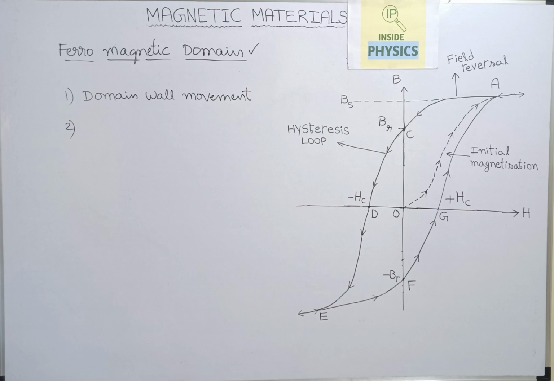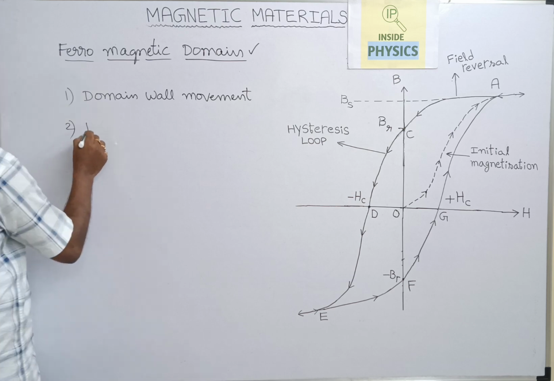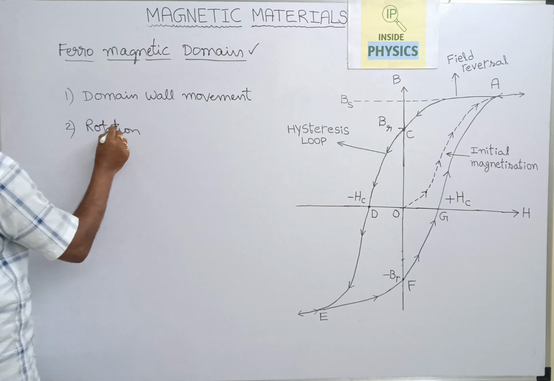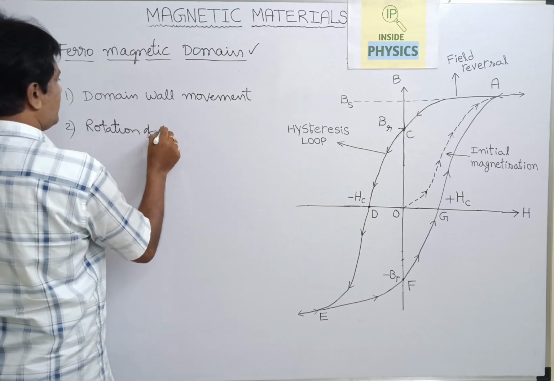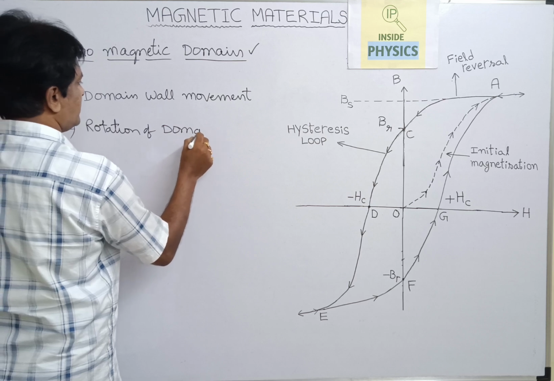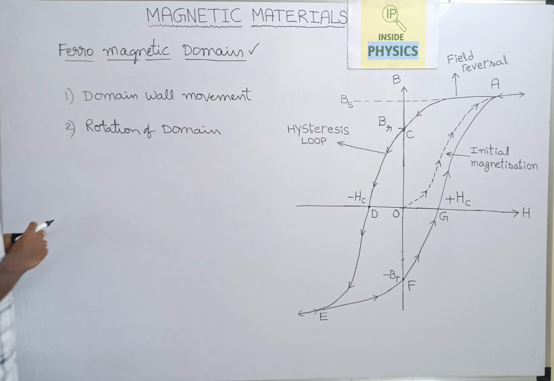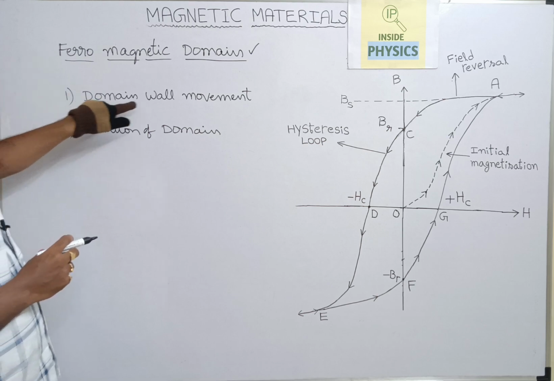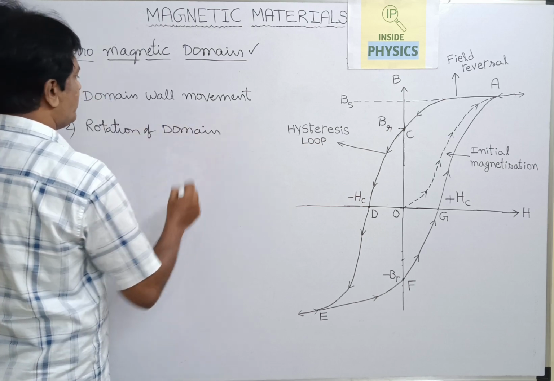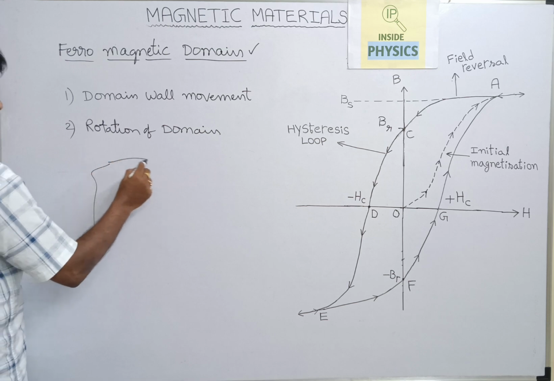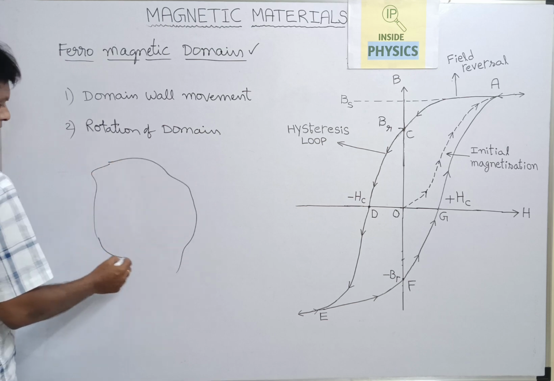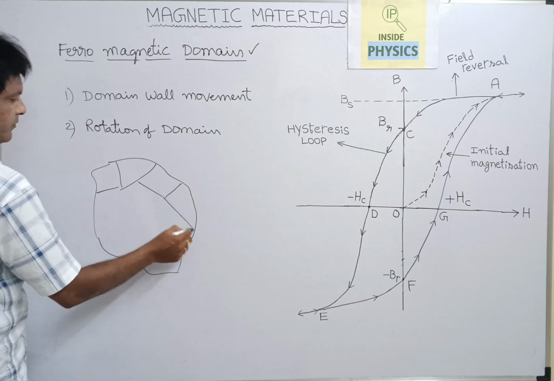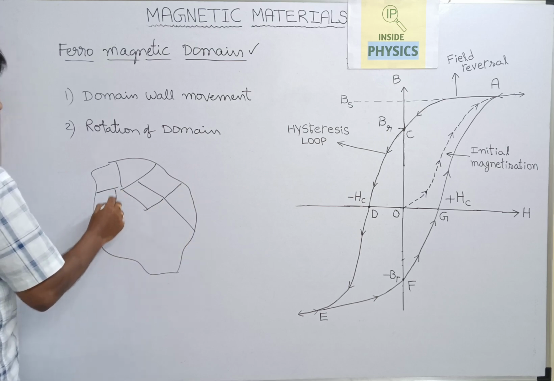And the second is rotation of domains. So these are the two processes by which we can explain the hysteresis behavior. So in weak fields, domain wall movement: we may consider a material with n number of domains inside the material.